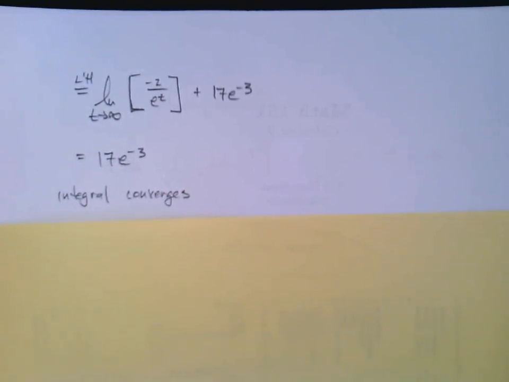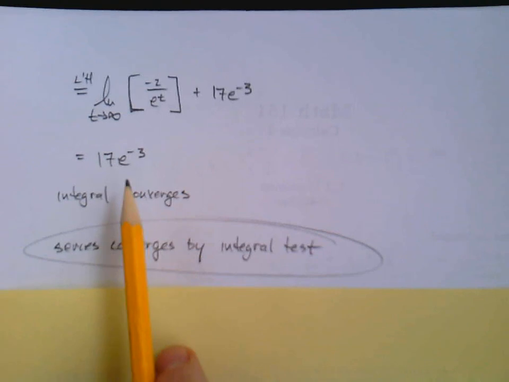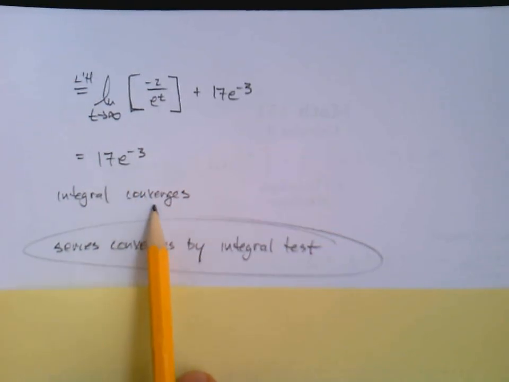And if my integral converges, the real question, of course, this whole time was about the series. I know that that original series converges by the integral test. If you really wanted to, we kind of already talked through it, but this really just showed that the series starting at 3 converges.